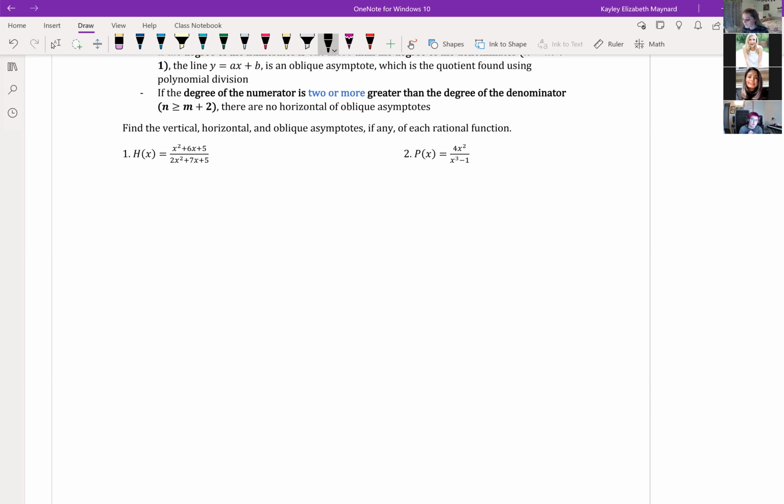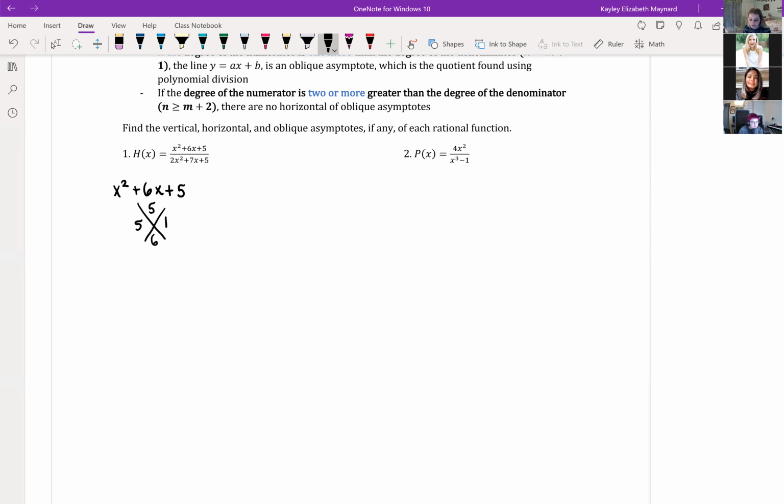So first I'm going to start by factoring my numerator, which is x squared plus 6x plus 5. I always write it out. I always do the little x, but you can do whatever method that you want.